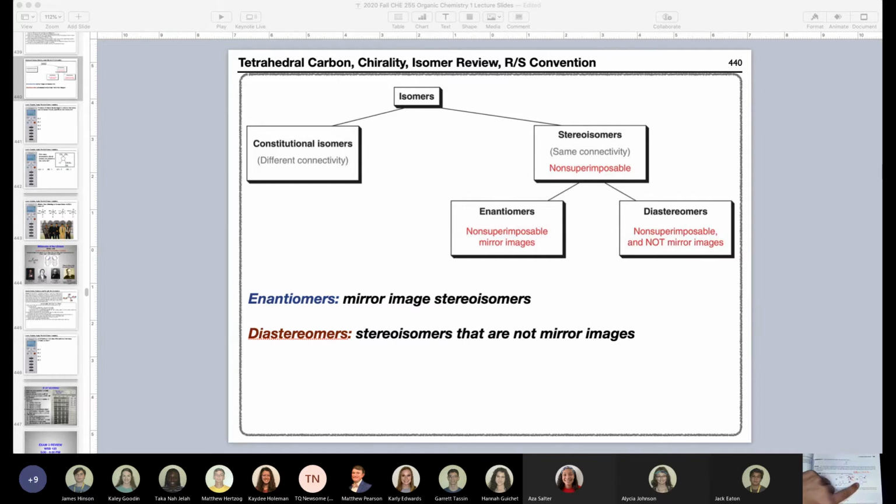So I'm gonna flip the script on you a little bit here. What is the R or S designation of this chirality center?